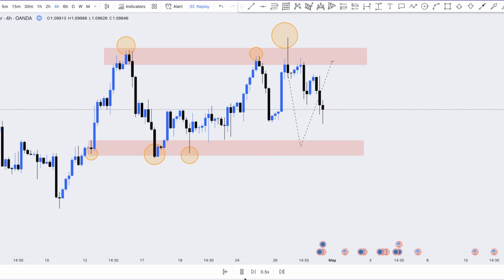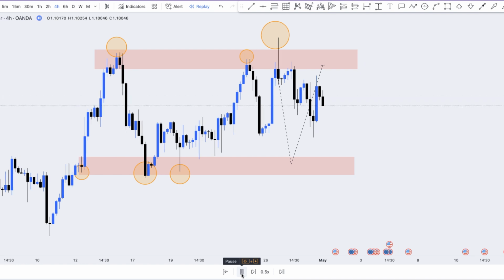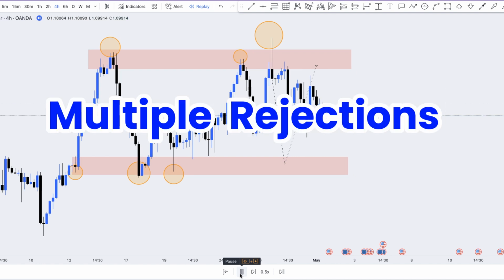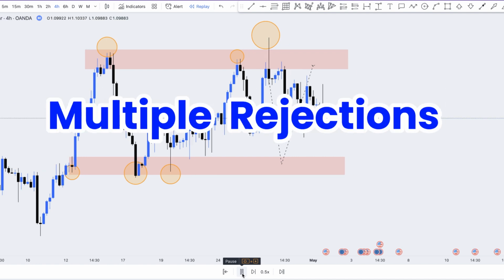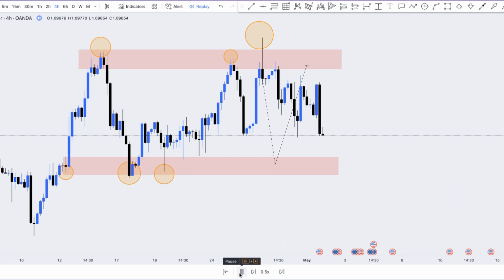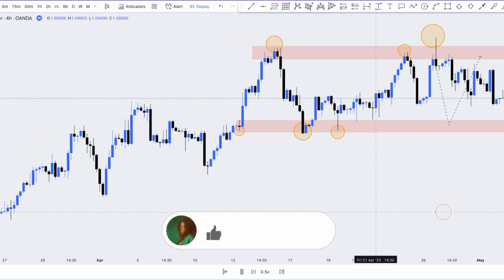So when you're drawing your support and resistance level, make sure you have rejections, multiple rejections. So this is the first one. You can see what is happening in between the resistance and the support.